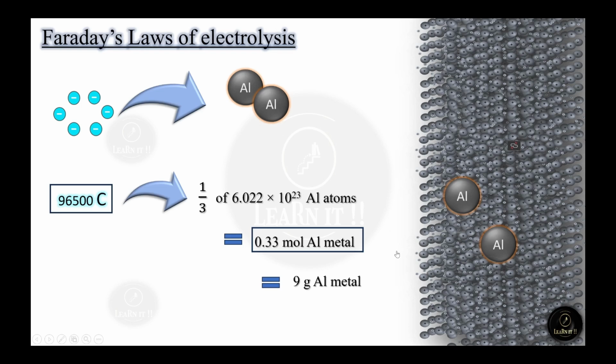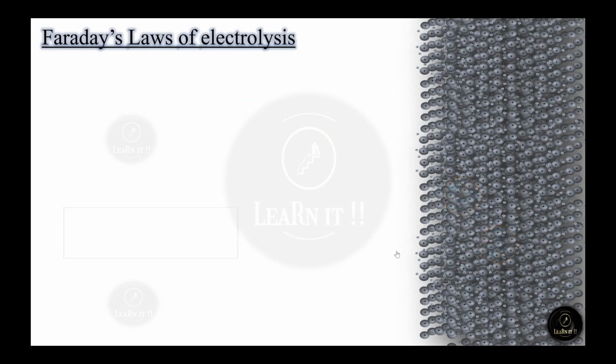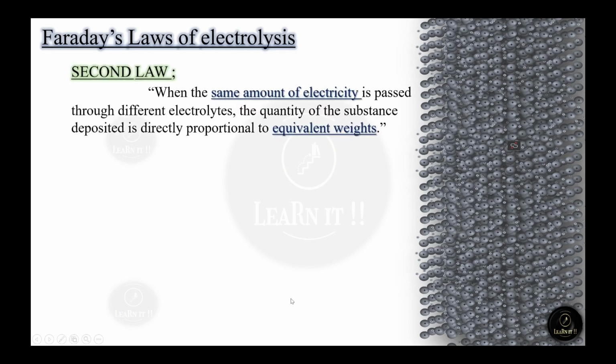So Faraday provided the second law, which has the statement based on these 3 cases. When the same amount of electricity is passed through different electrolytes, the quantity of the substance deposited is directly proportional to equivalent weights.